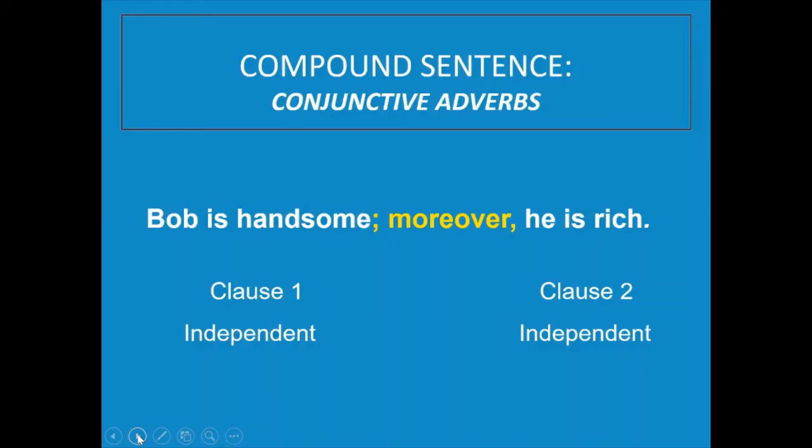There, as you can see, he is rich. Only three words, but that is one independent clause. Bob is handsome is the first clause, which is connected with a conjunctive adverb.